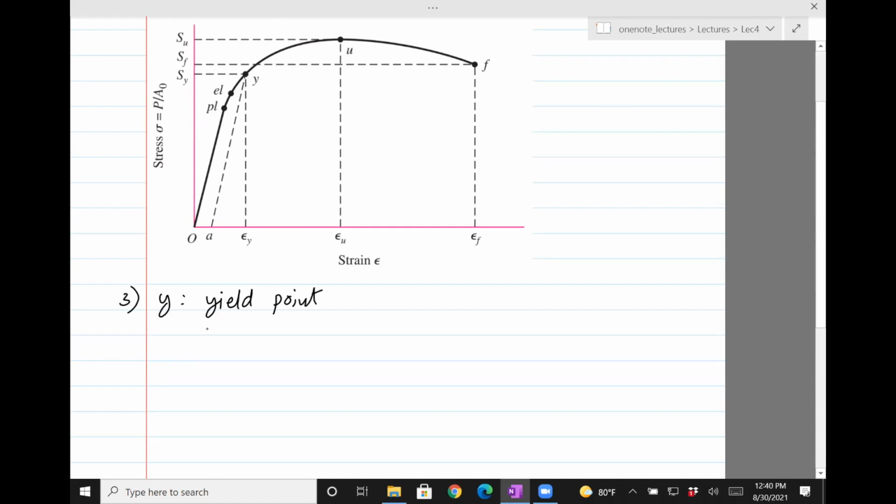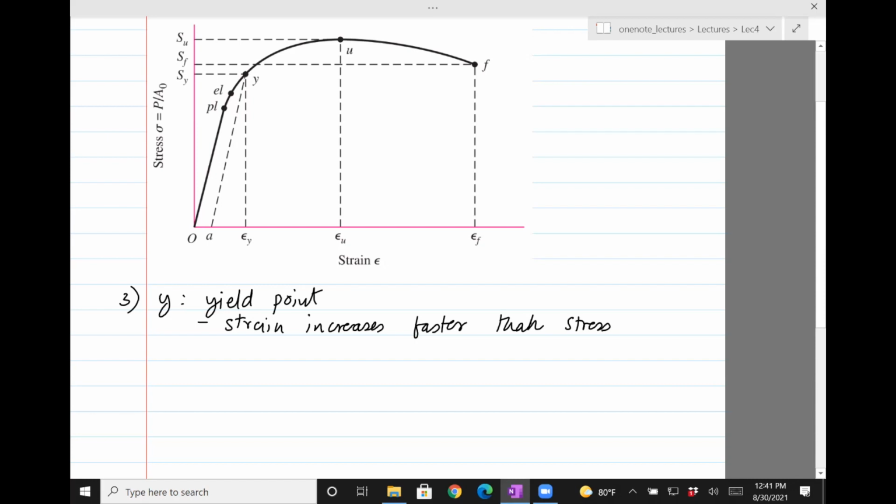Okay, what's the yield point here? The strain increases faster than stress. Okay, what that means is that up till now the slope was almost like it was vertical.